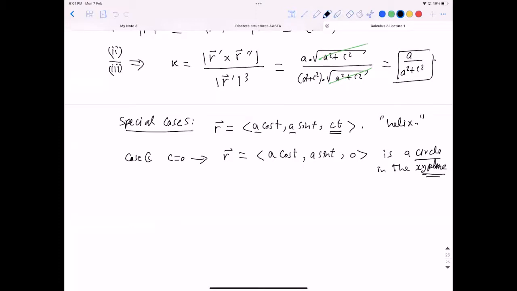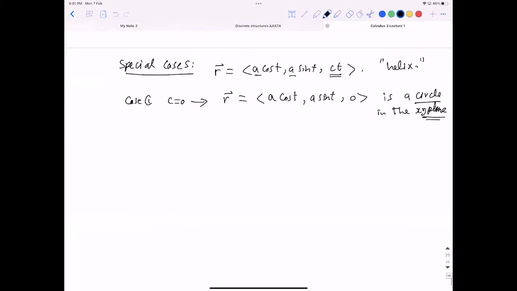Center 0 and radius A, which is x squared plus y squared equals A squared. A cosine t squared plus A sine t squared is x squared plus y squared, which is A squared.